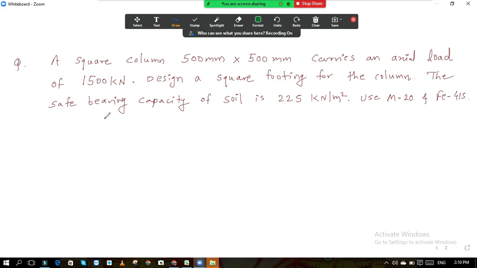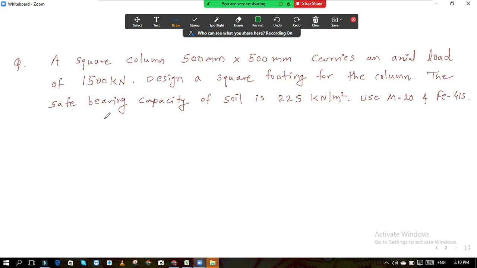Forget about the uplift pressure from the soil. In general, dead load, live load, or earthquake load, whatever it may be, the major contribution on the footing is the load coming from the column.